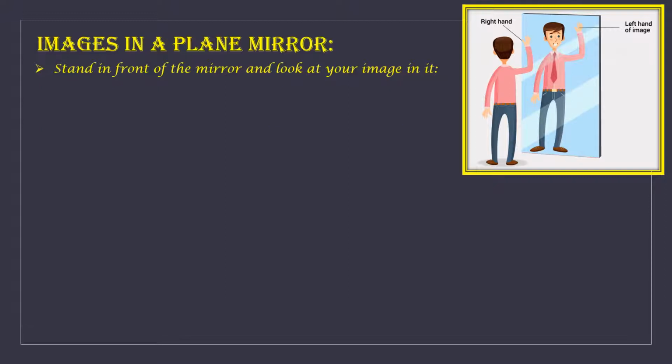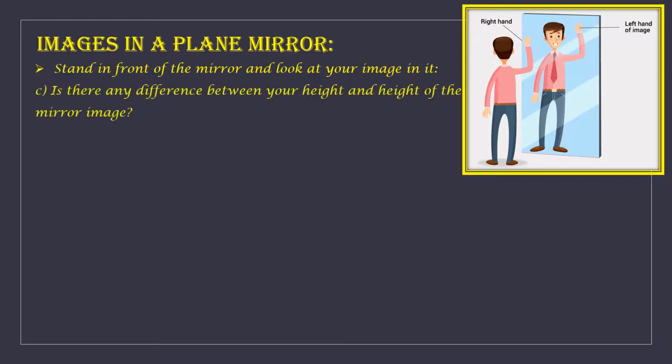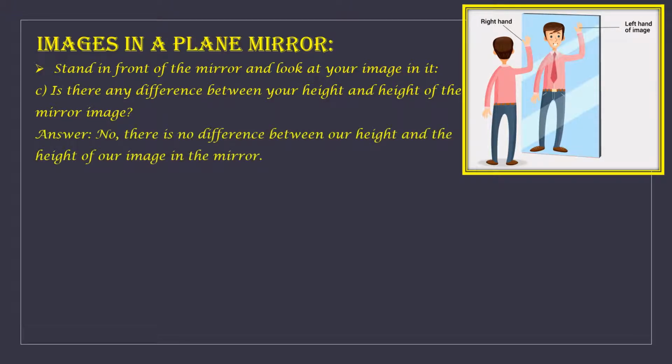Now the next question, is there any difference between your height and height of the mirror image? Correct. No, there is no difference between our height and the height of our image in the mirror.